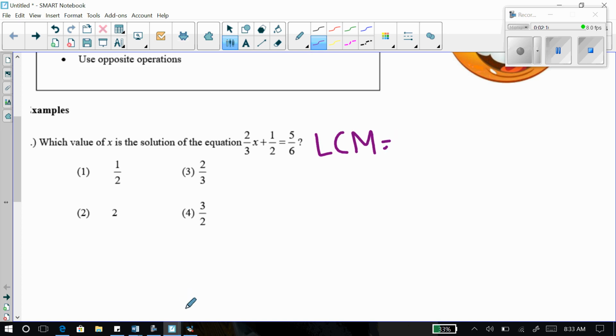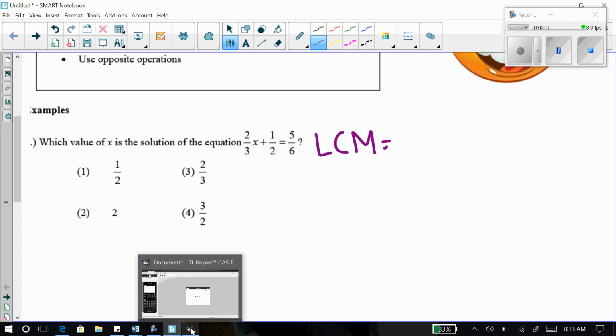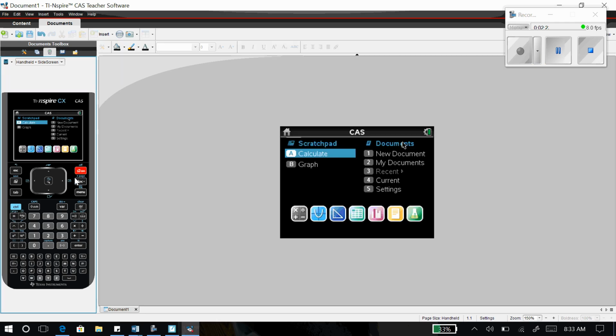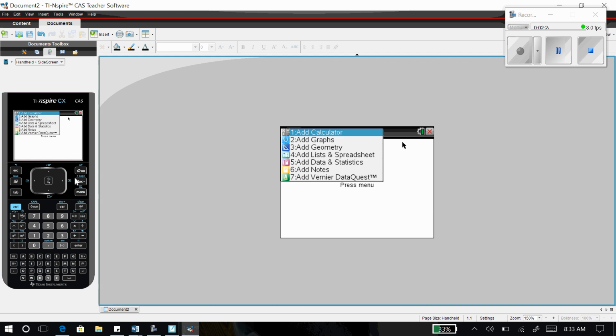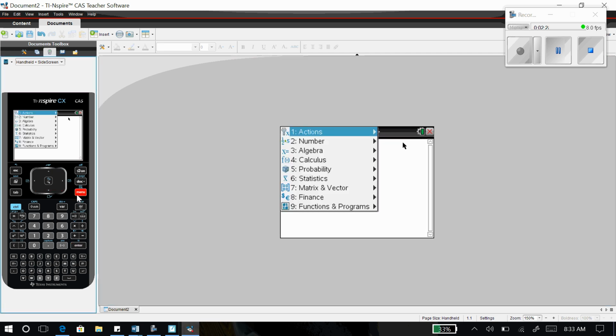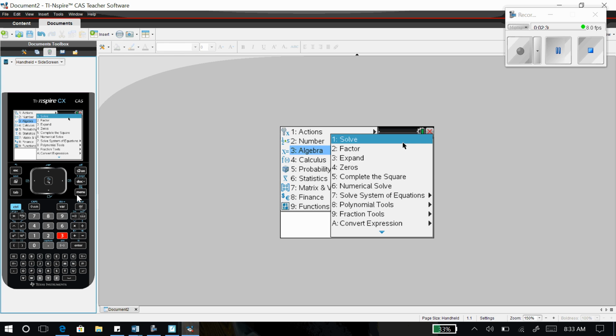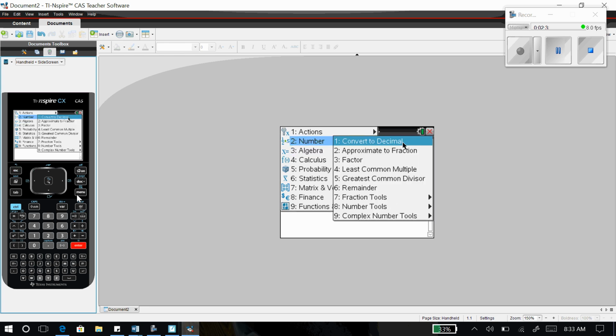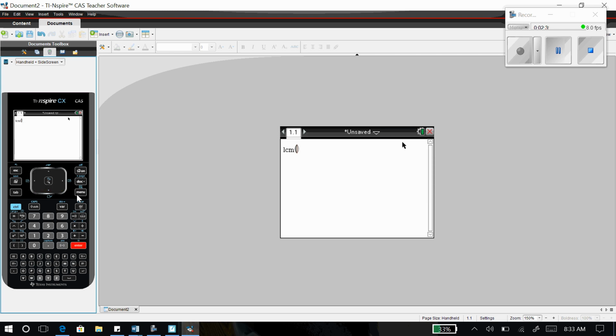So if you can't find that by yourself, which is totally fine, we go to our calculator. We go to the calculator part. We do menu, number. Sorry, I always get number and algebra mixed up. Least common multiple. Now our first two numbers were 2 and 3. 6.